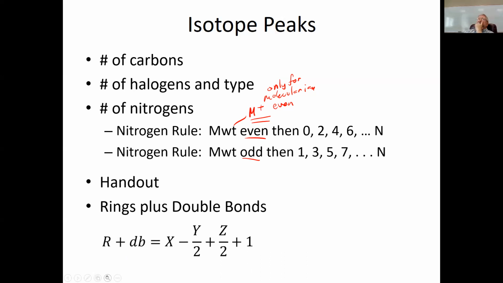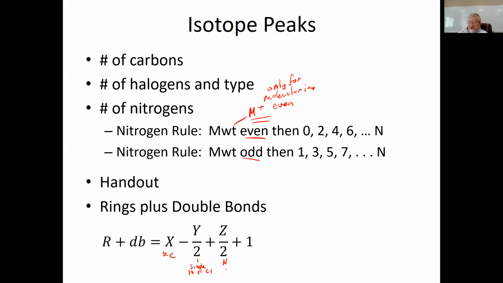Here it is. Here's a little equation. Here's the number of carbons. Here's the number of singles, like hydrogen, fluorine, chlorine, things that only attach in one place. These are like nitrogen.